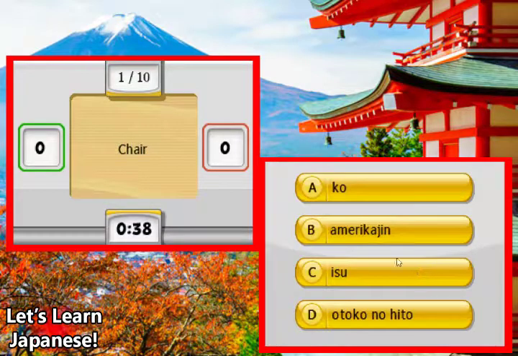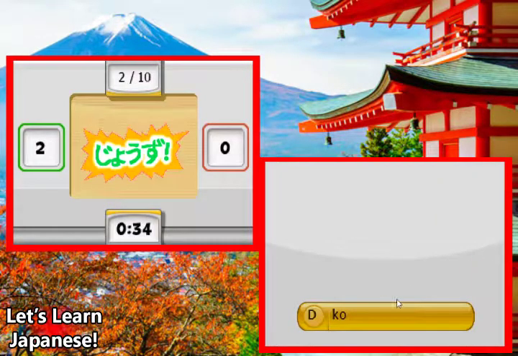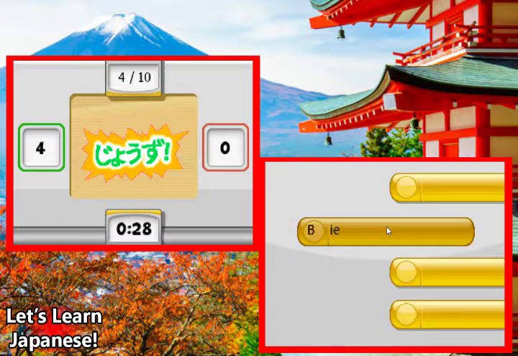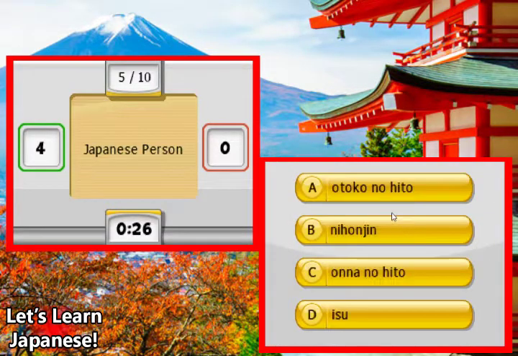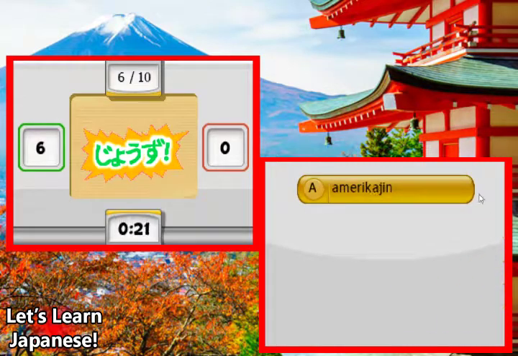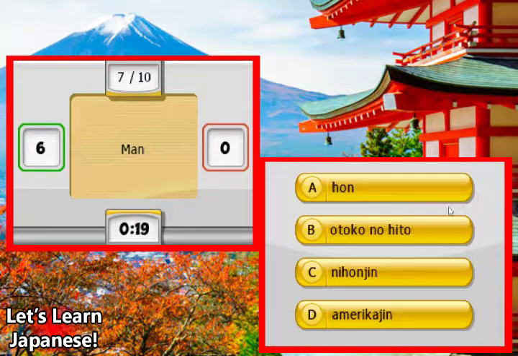Chair is isu. Child is ko. Desu. Ie. Nihonjin. Amerikajin. Otoko no hito.